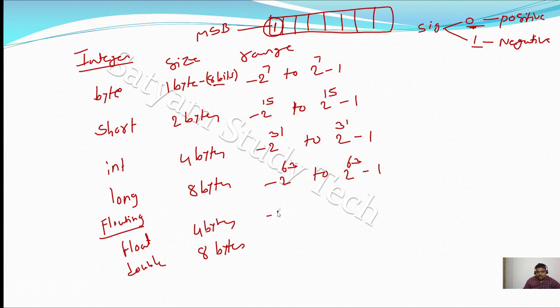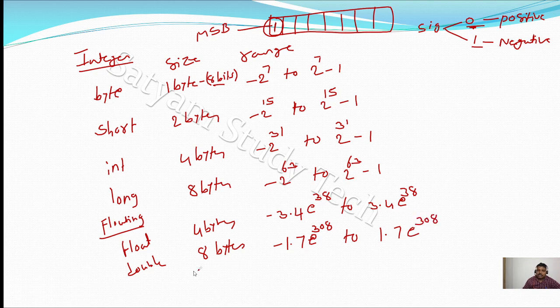Minus 3.4 e power 38 to 3.4 e power 38 is the range of the float. Minus 1.7 e power 308 to 1.7 e power 308 is the range of the double.